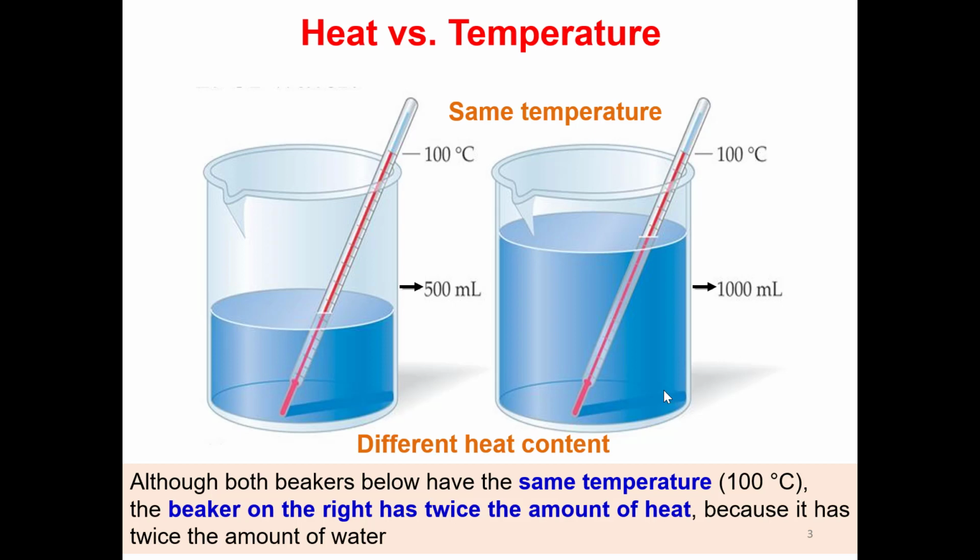In this case, we have these two beakers with different amounts of water. If the temperature is 100 degrees Celsius, the temperature is the same. However, the amount of heat is different because we have twice the amount of water.